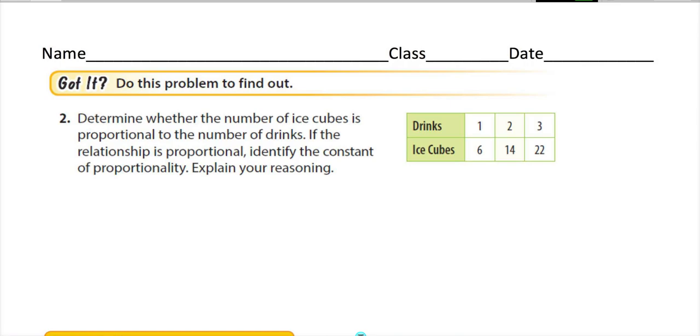It says determine whether the number of ice cubes is proportional to the number of drinks. If the relationship is proportional, identify the constant of proportionality, explain your reasoning. So we're doing ice cubes to the number of drinks. So we have 6 ice cubes for 1 drink, so that's 6. And then I have 14 ice cubes for 2 drinks, so that makes it 7. And right away we can say that these are not equal, so we can stop right there. So this is non-proportional.